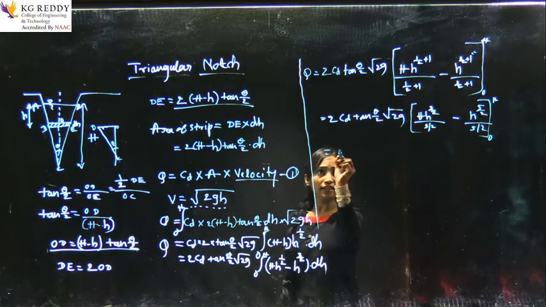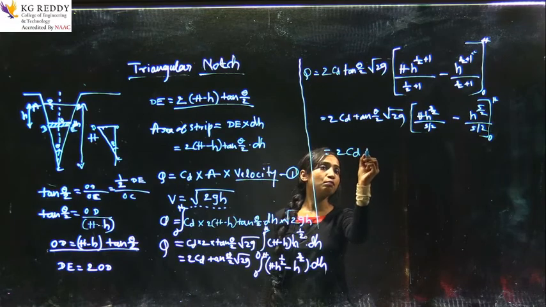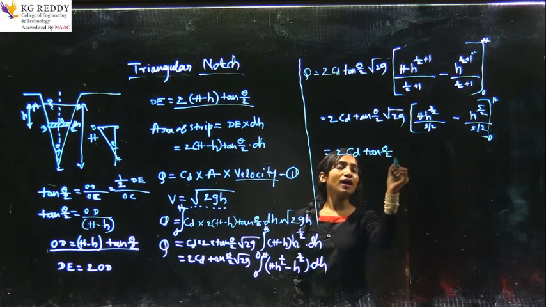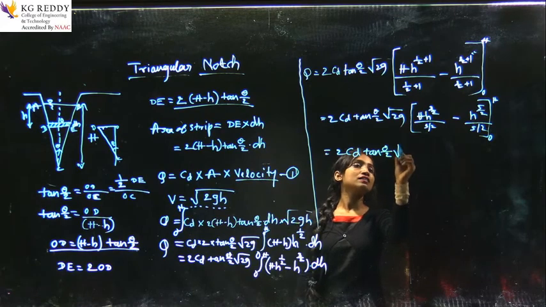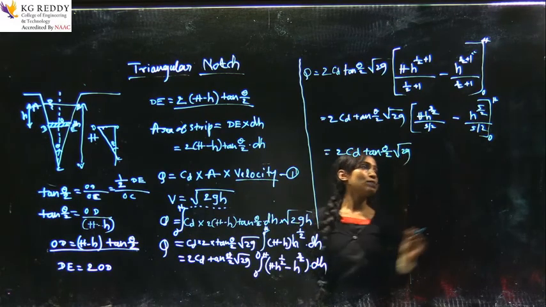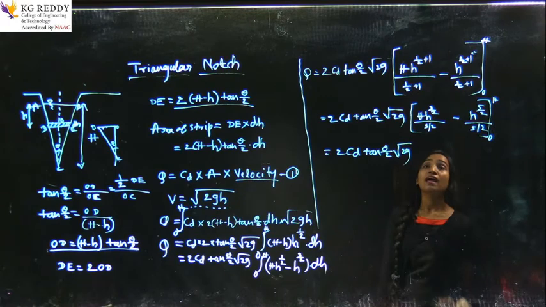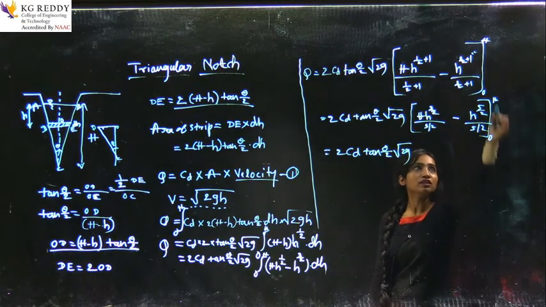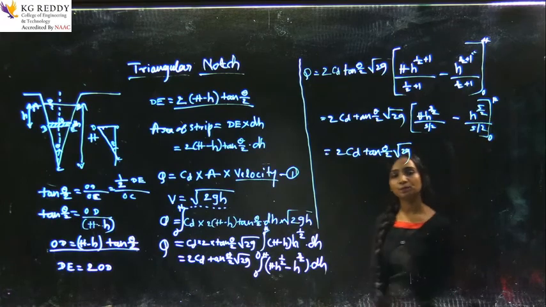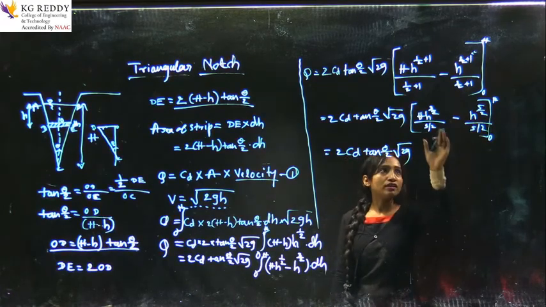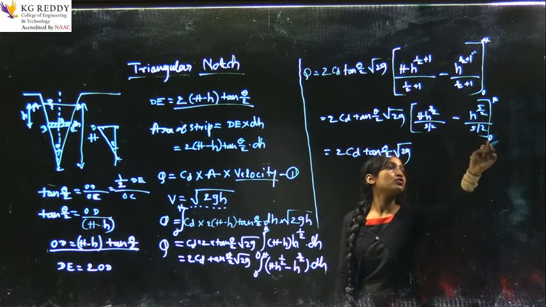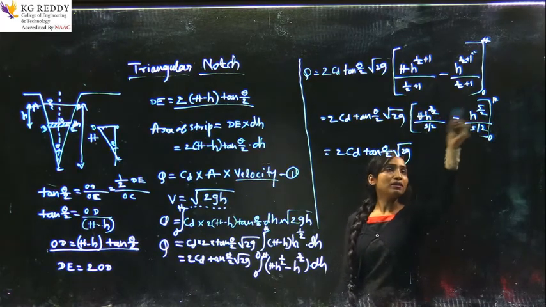Applying the limits is nothing but what? Please go back to your old mathematics classes. It means wherever there is small h, you should substitute capital H, and then subtract the same with 0 instead of h. So, capital H I can keep.